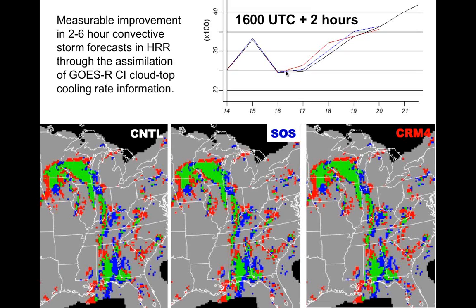Oh no, this is dBZ times 100. Actually, I don't know what that upper thing is, but bottom line is we're seeing an improvement in the HRRR model forecast just in terms of precipitation. And the CRM4 is a cloud resolving model that's more like a baseline test that's more explicit.